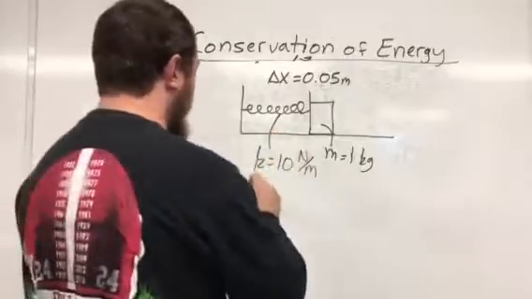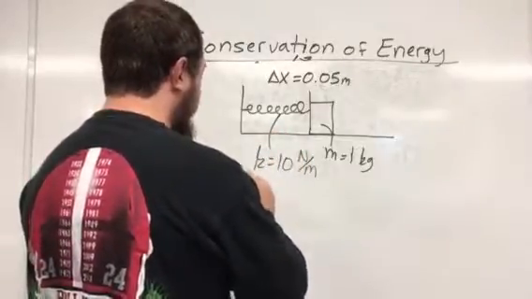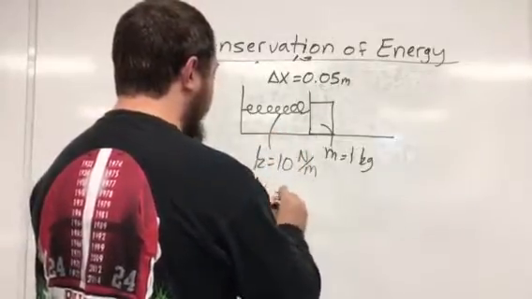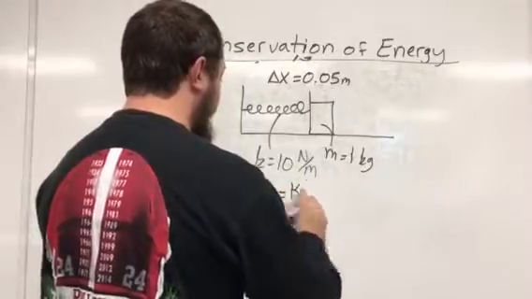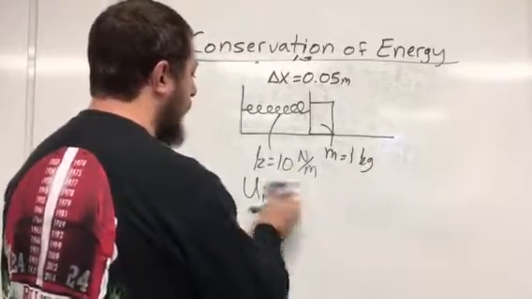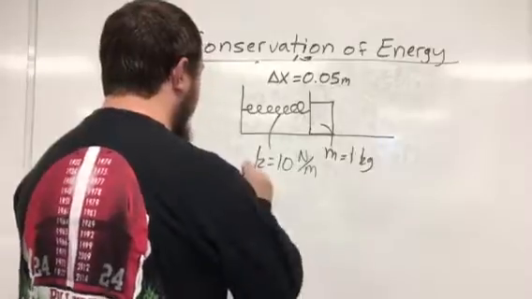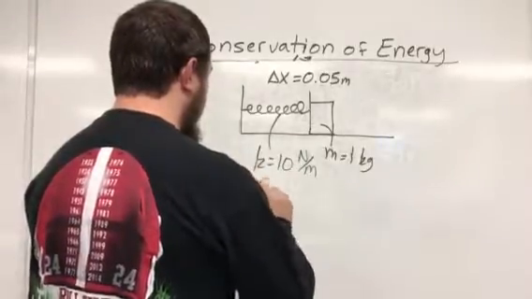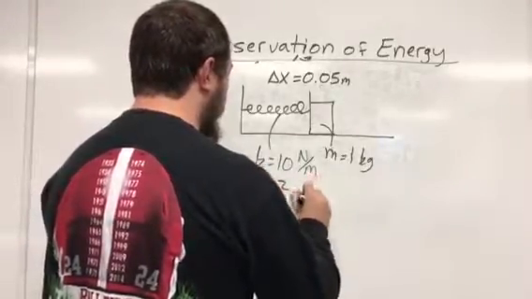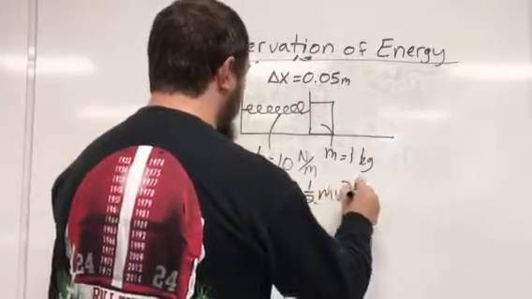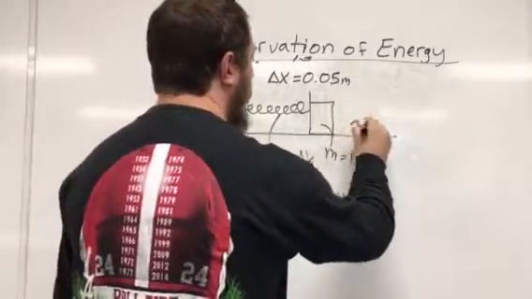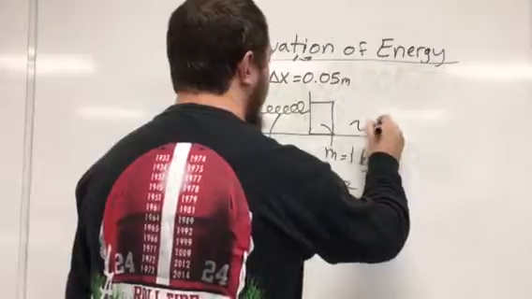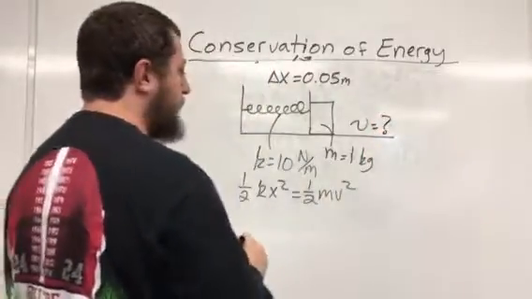So I can set this problem up as my initial potential energy equals my final kinetic energy, which is what we've seen before: 1/2 kx squared is equal to 1/2 mv squared. So I want to know what the launch velocity v is, okay?